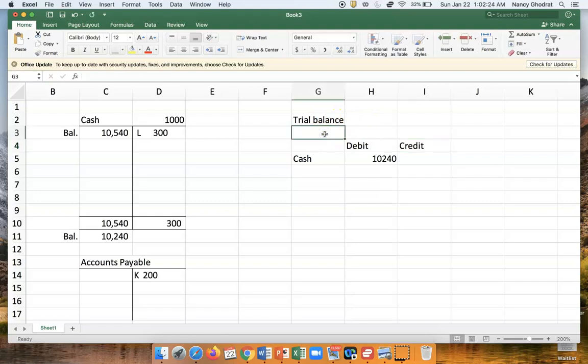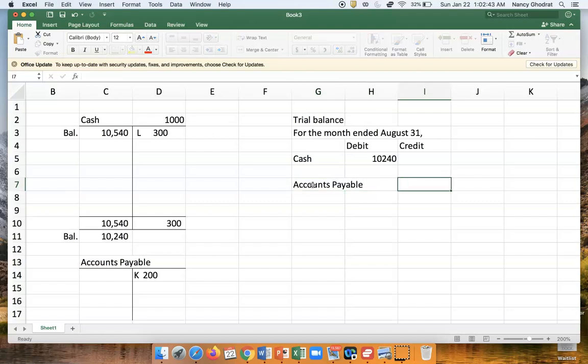This is as of the month ended, I think it's August, whatever month it is. And in your trial balance, for example, if I had only accounts payable of 200 on the credit side, eventually you add up all the numbers in the debit column and all the numbers in the credit column, and the total of the debit must equal the sum of all the credit amounts.